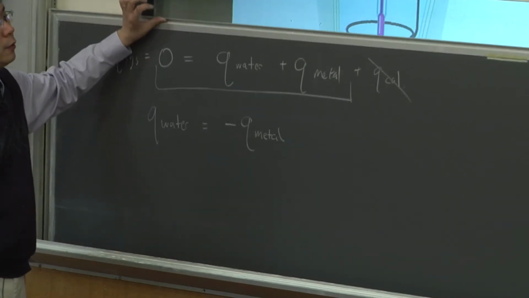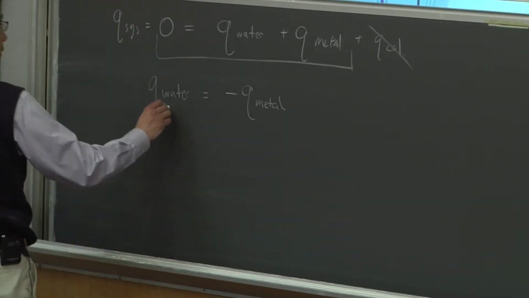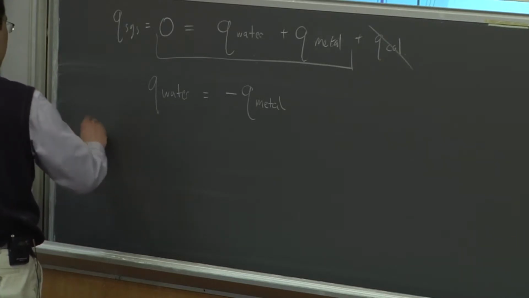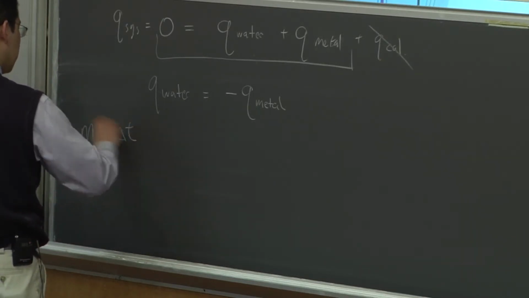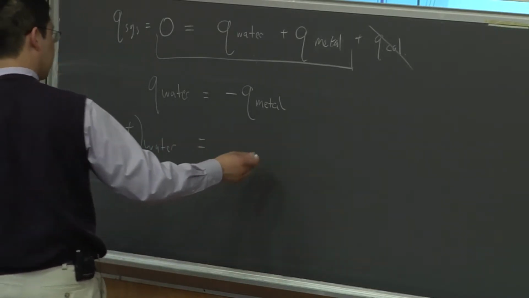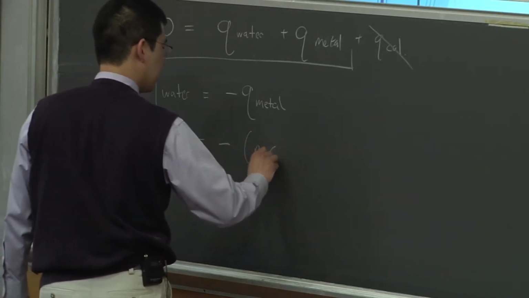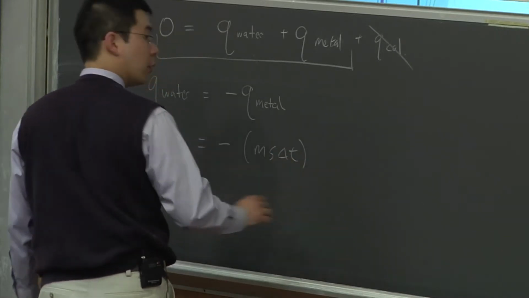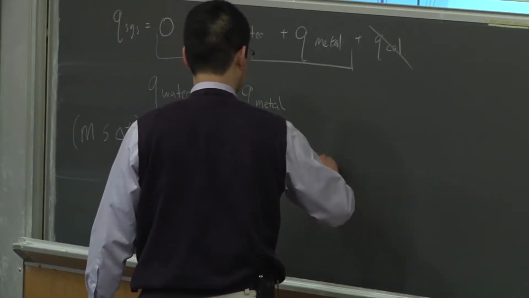And if we plug in, we can say ms delta T for water equals negative ms delta T for the metal.